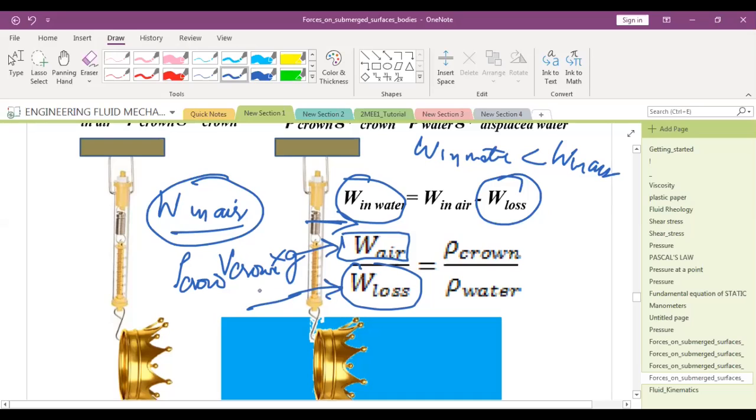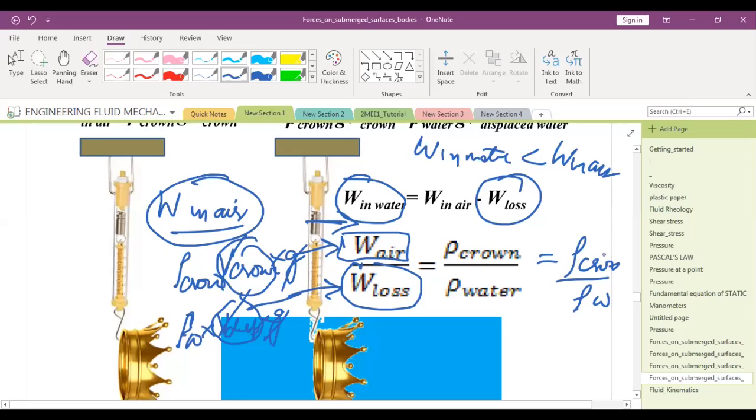And what is the buoyant force? The weight of the liquid displaced. So what is the weight of the liquid displaced? Rho water into V displaced water into g. And you know that the volume of displaced water is actually equal to the volume of the crown. So when you take a ratio of these two, these cancel out and you get rho crown upon rho water.